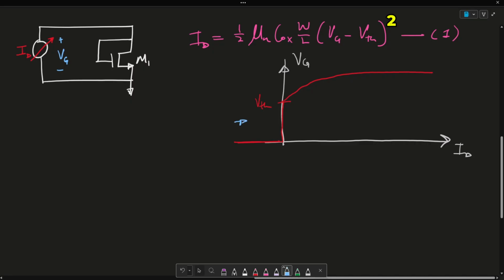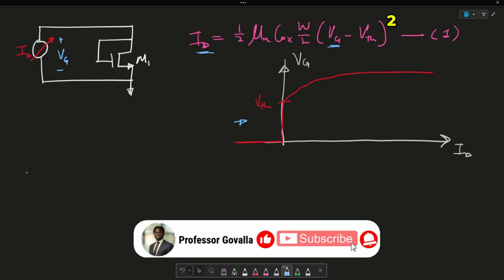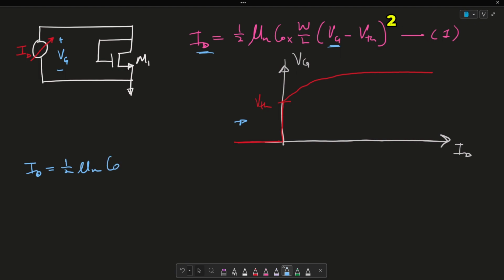And if you want to prove this chart, we can go ahead and solve for VG in terms of ID. So what we can say is that ID is equated to 1/2 mu n COX W over L VG minus VTH squared. I forgot to put a squared over here.